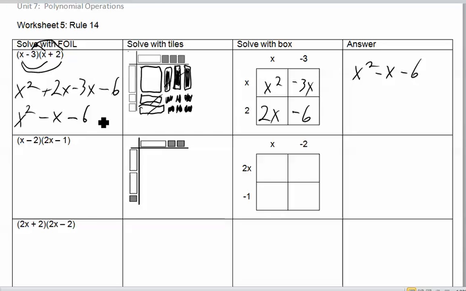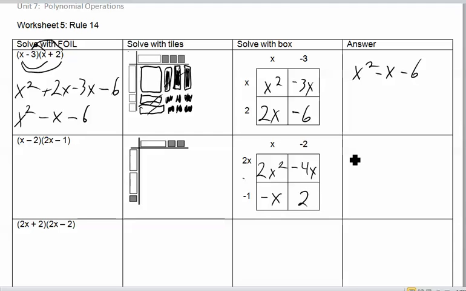Okay, I'm going to go ahead and do the second one for you as well, and then I'll let you set up the rest of them and do. So we'll start with the box this time. So we get 2x times x, it's 2x squared, and then x times negative 1 is negative x, and then 2x times negative 2 is negative 4x, and then negative 2 times negative 1 is just positive 2.